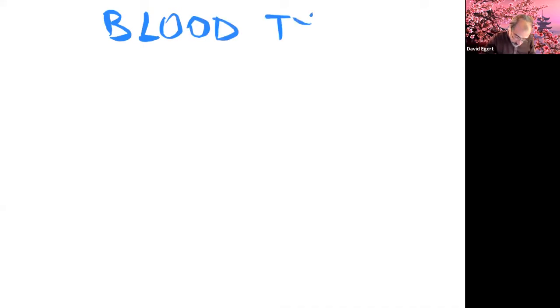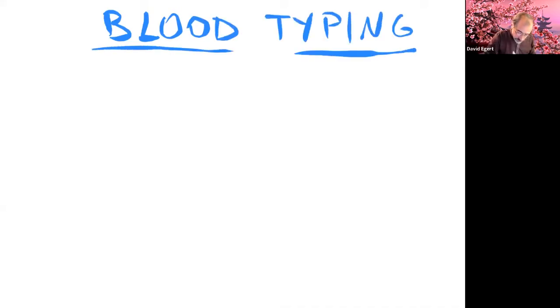So what I'm going to do now is get into the idea of blood typing. And to do this, we actually have to introduce a concept that we're going to look at in much more detail once we get into the immune system.